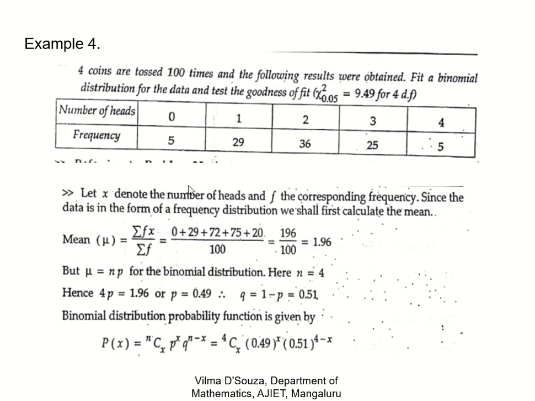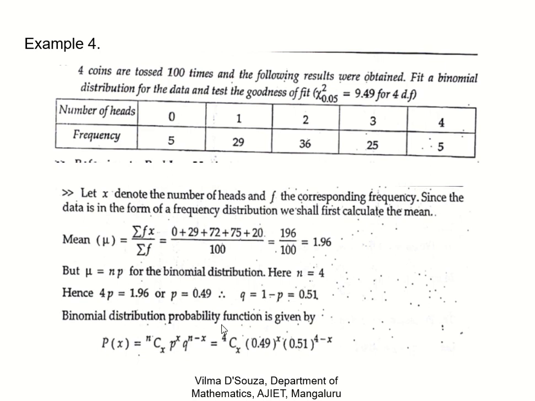Now, how do you fit a binomial distribution? What is the binomial distribution function you have? P of x is equal to nCx p power x q power n minus x. Right? Now, from the given data, you need to calculate whatever the unknowns here.